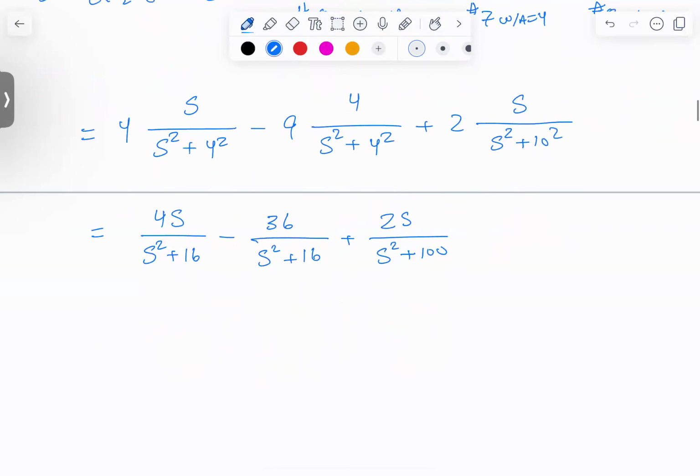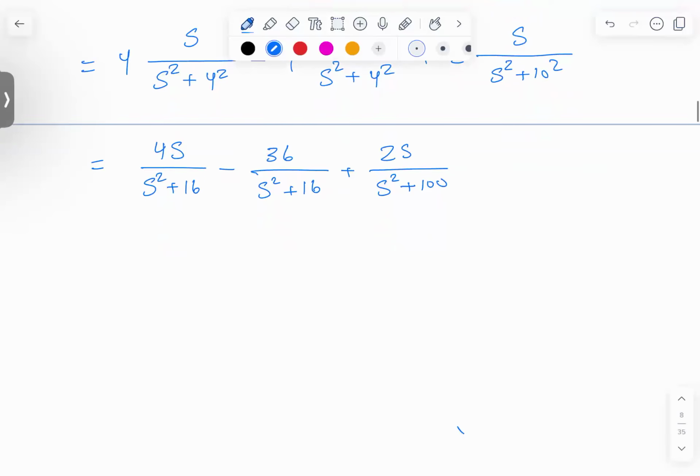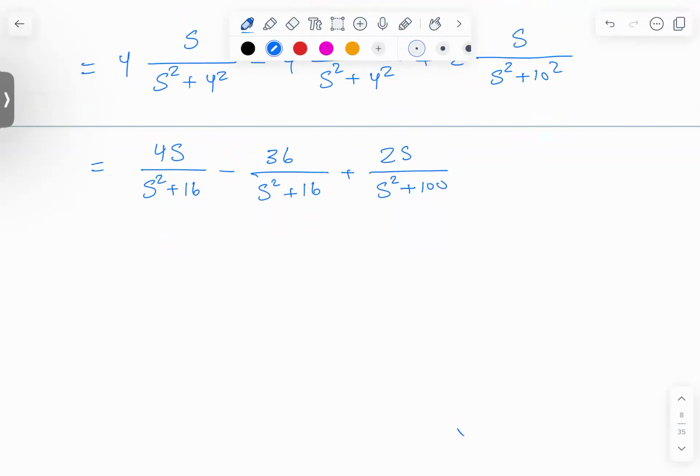So the s squared. Now be aware, putting it under one denominator is actually not optimal. When we start pulling them apart, we'll see how much trouble we get in when we do that.